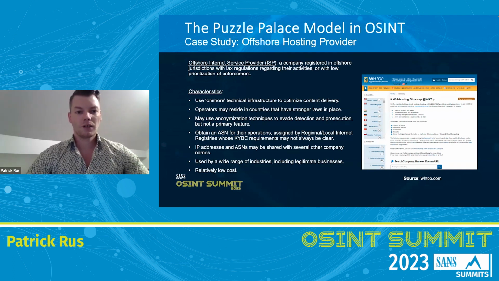They usually obtain an autonomous system number for their operations, which is assigned by a regional or local internet registry, whose know-your-business-customer requirements may not always be clear. And on some occasions, they lack these requirements.